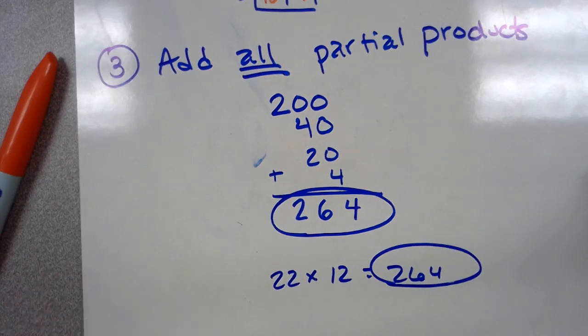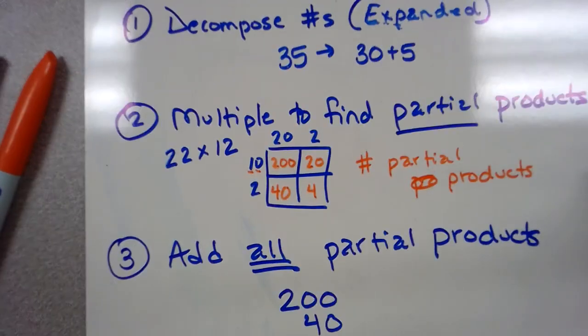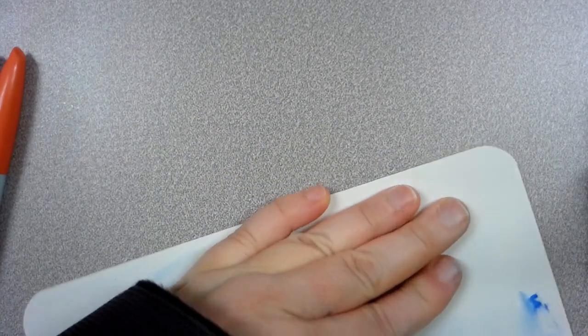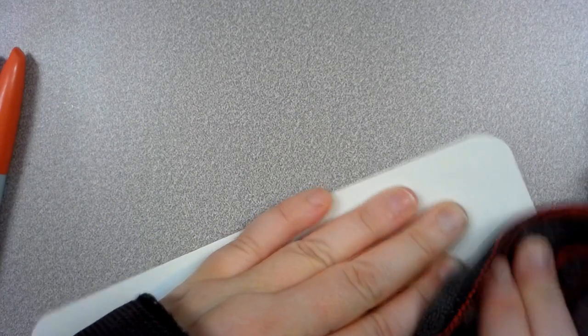So it may seem like a lot of work. And when I first started doing math in the 5th grade and I saw the area model, I'm going to be real honest, I was kind of not its biggest fan. But once I got into it and it actually helped a lot of kids get used to the whole process of multiplication, it broke the numbers down.